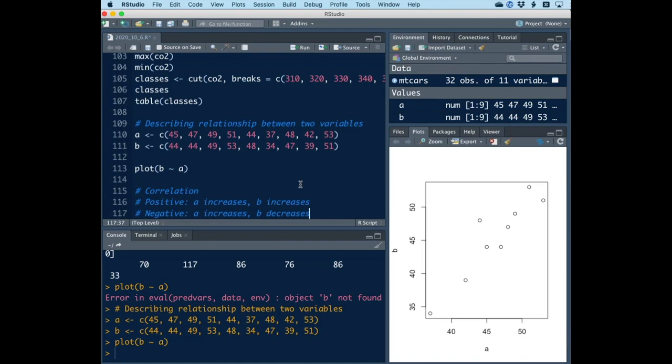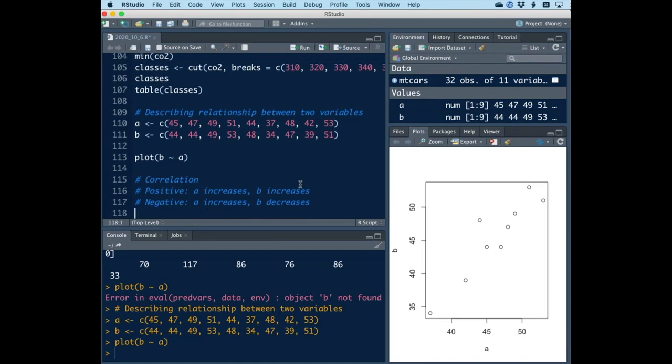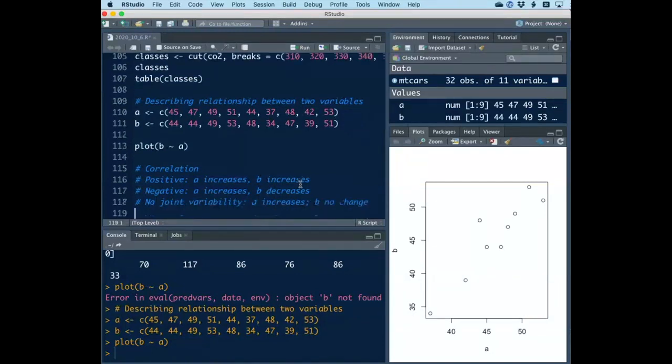And then we can have no joint variability, no correlation. That means A increases, B no change, or the other way around, of course. So how do we measure the correlation?